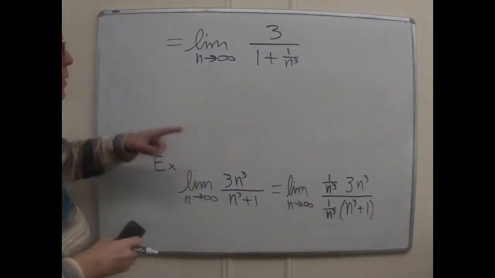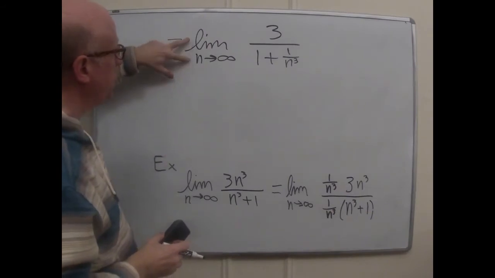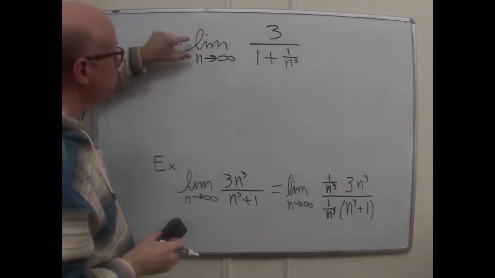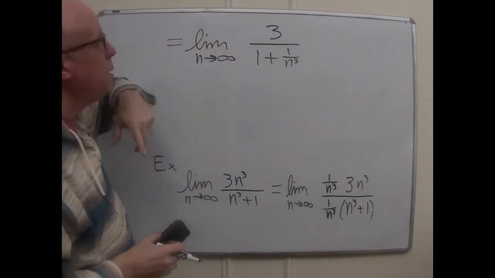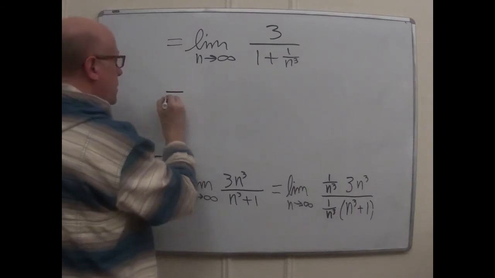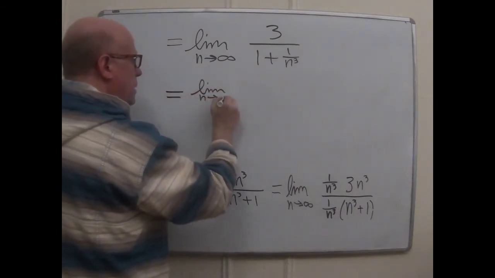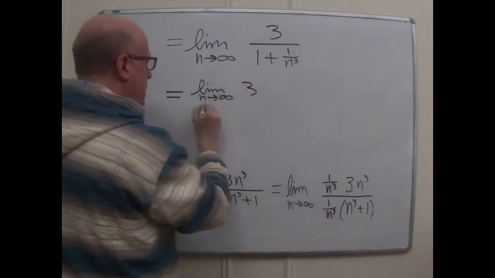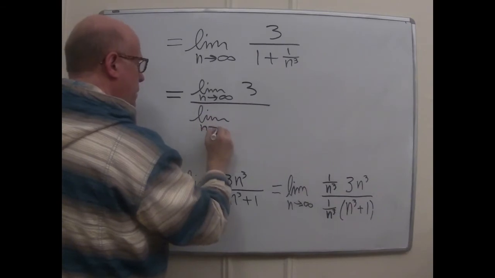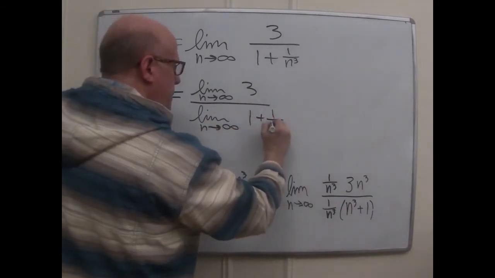Now, if you really try to actualize what the limit laws say, it says that if you have a limit of a fraction, you should just take the limit of the top and the bottom, provided they exist and provided the bottom isn't 0. So this is the limit as n goes to infinity of 3 divided by the limit as n goes to infinity of 1 plus 1 over n cubed.